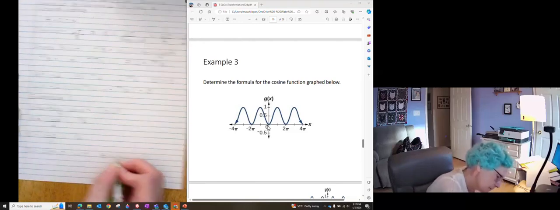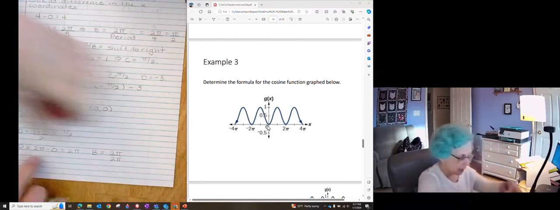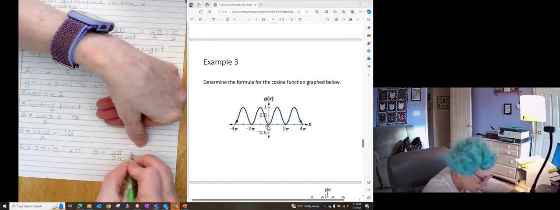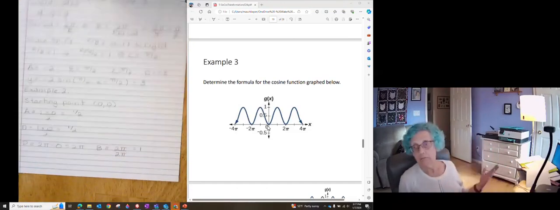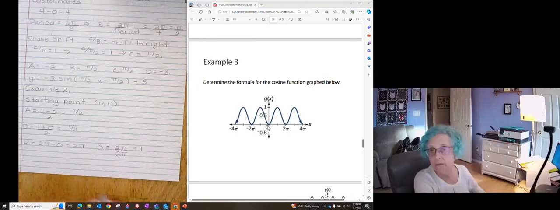So b is equal to 2 pi divided by 2 pi, because it's 2 pi divided by the period, which is 1. Easy peasy.